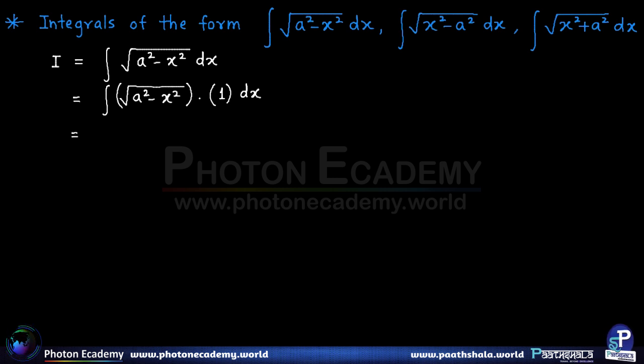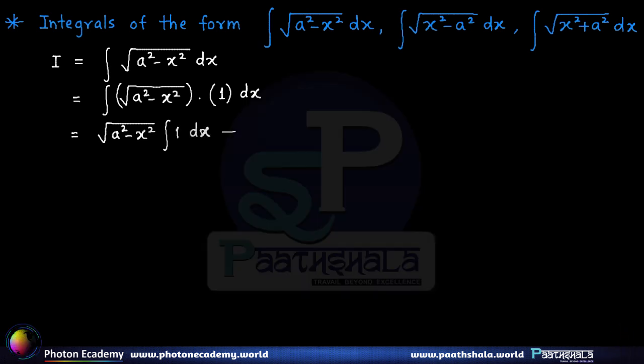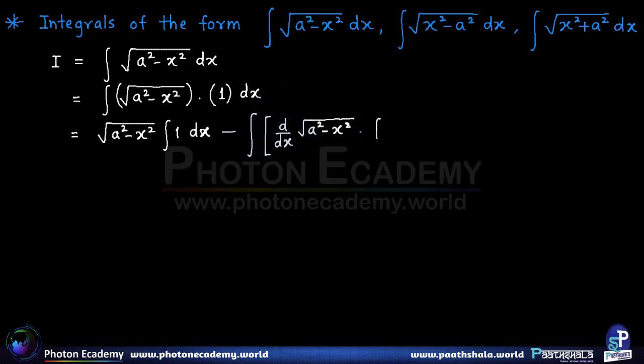So that is given by first function into integral of second function, minus integral of, now in the second integral we have derivative of the first function, that is derivative of root of a square minus x square into integral of 1, and all of this integrated with respect to x.